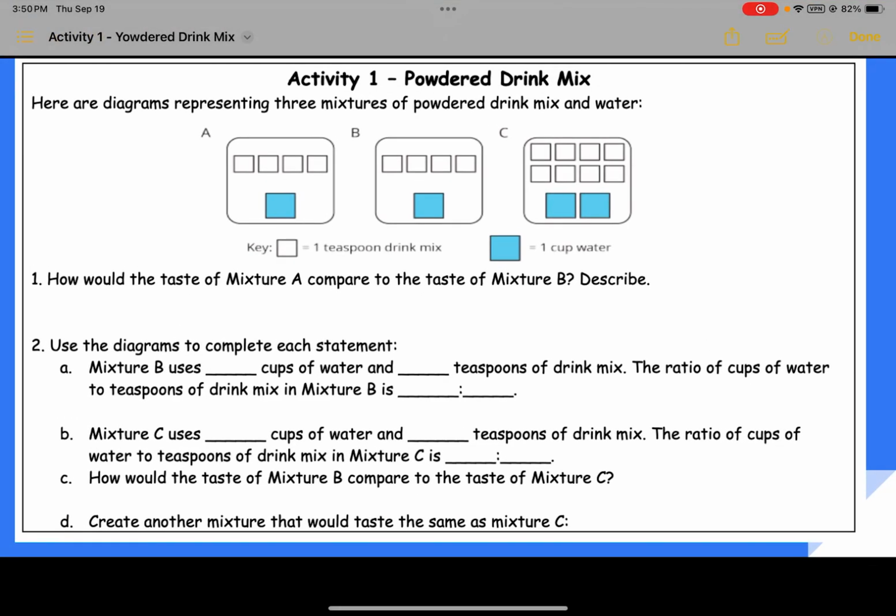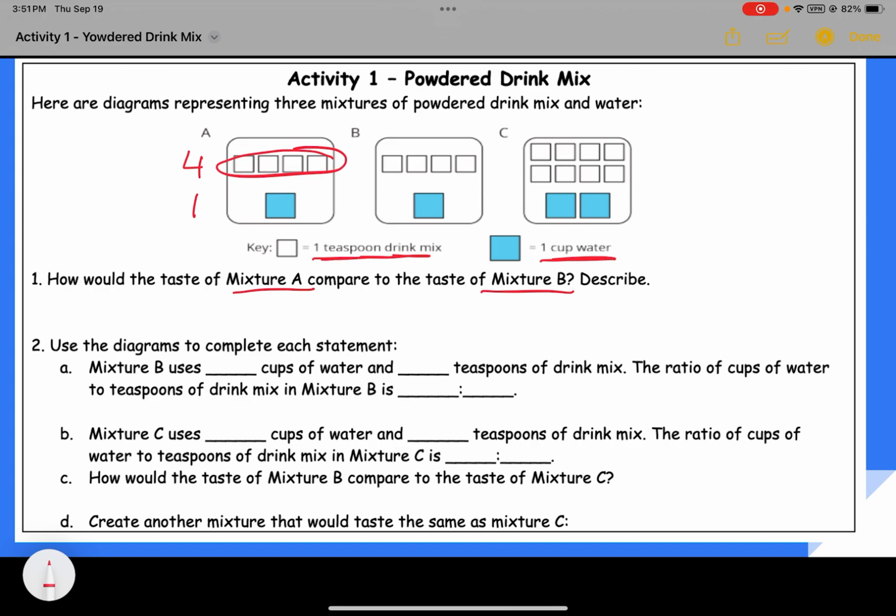So we have a diagram where it says, here are diagrams representing 3 mixtures of powdered drink mix and water. 1 teaspoon of drink mix is 1 white square, and 1 cup of water is 1 blue square. How would the taste of mixture A compare to the taste of mixture B? Mixture A has 4 packets to 1 cup of water. Mixture B is also 4 packets to 1 cup of water.